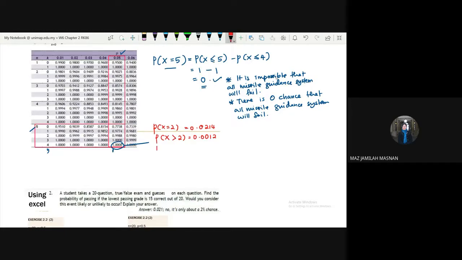And then when you have P(X = 5), it becomes 0. So in this case, 21.4%, here you have 0.12%, here is 0%. So what can you conclude from here?